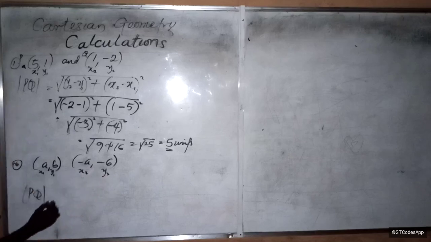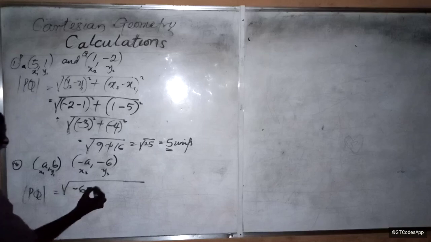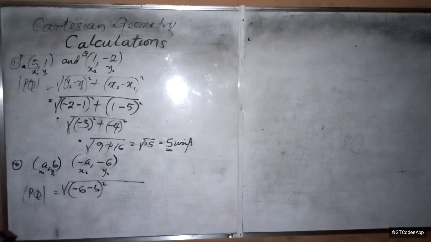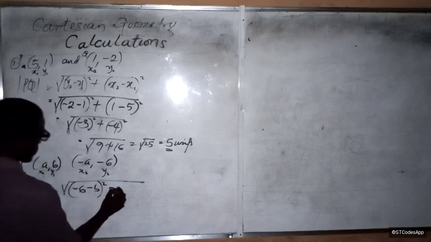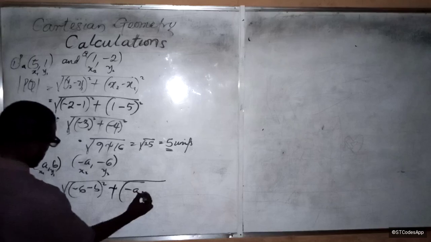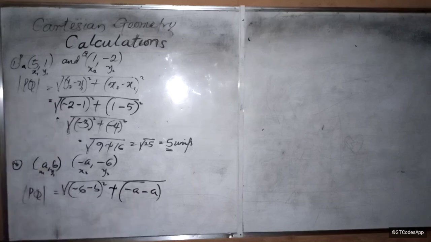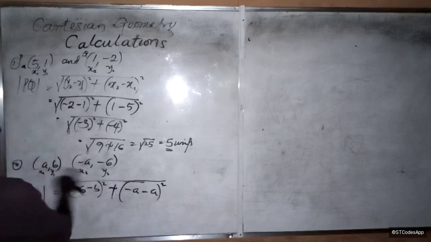Let's use the same notation, P and Q, which is y2 minus y1, so minus 6 minus y1, which is B. I'm not writing the formula again. So plus x2 minus x1, minus A minus x1, which is A. Now, minus A all squared, minus A minus A.